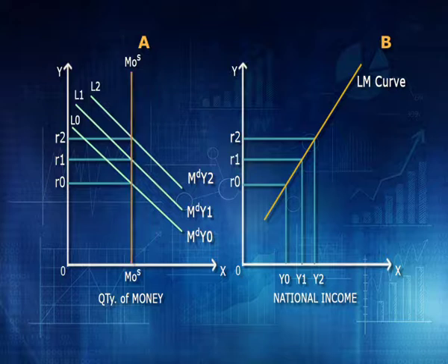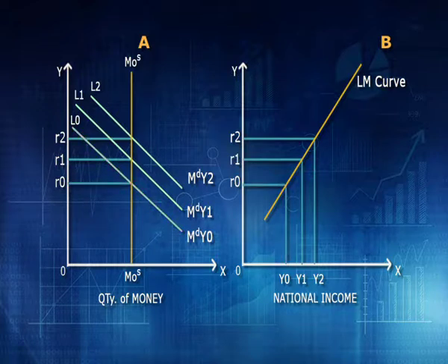It implies that the quantity of money in circulation is constant. Given the money supply curve, if the demand curve for money is L0, the equilibrium rate of interest is determined at R0. It implies that at R0 rate of interest and Y0 income level, the money market is in equilibrium.